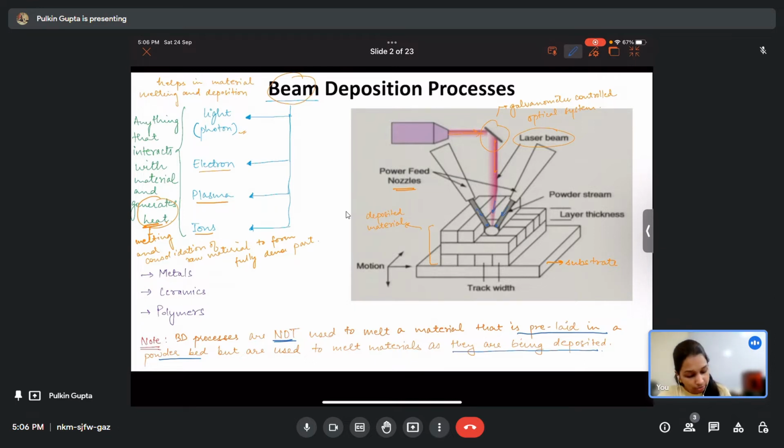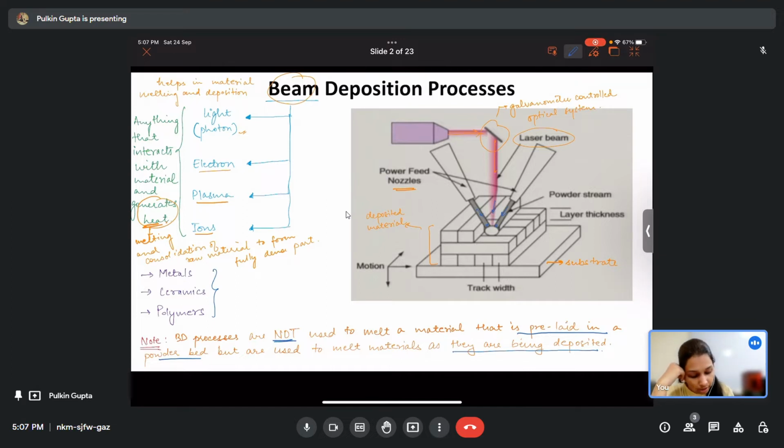The different materials that can be used in beam deposition processes are metals, ceramics, or polymers. So almost all kinds of materials can be processed using this beam deposition process.